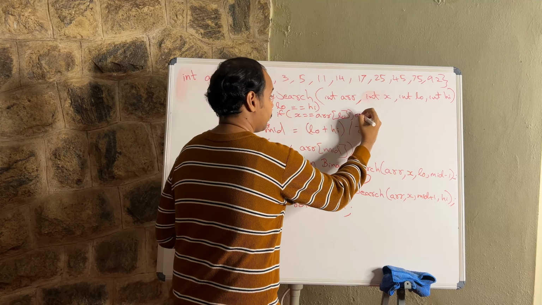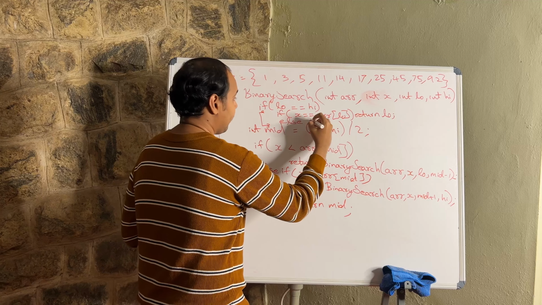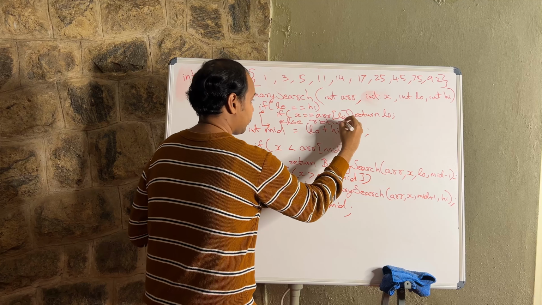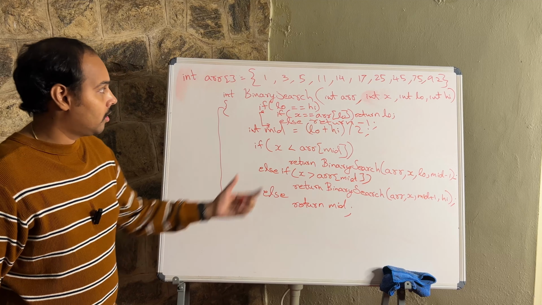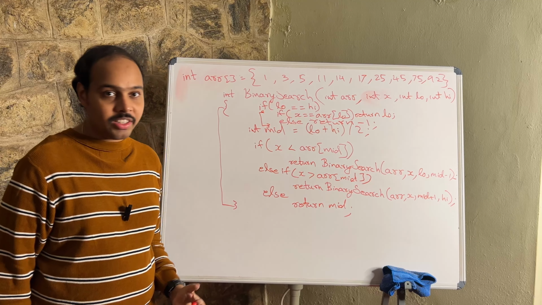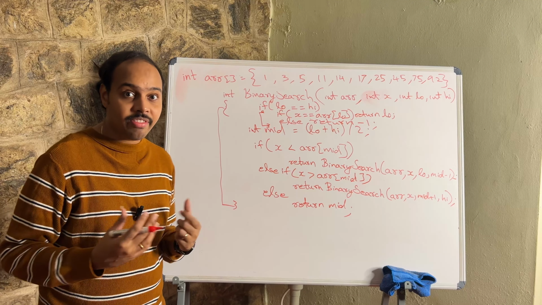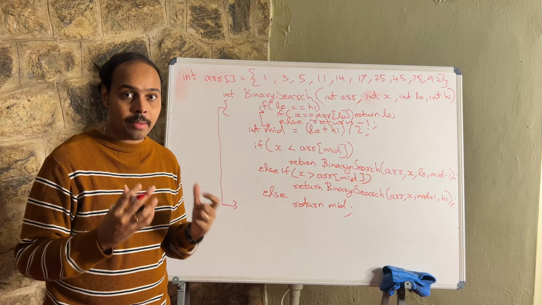Else, if it is not equal, that means we have only one element in this range. We have the one final page in the dictionary and we don't find the word sparrow. So we return -1. So this is the final condition where we didn't find a particular number.